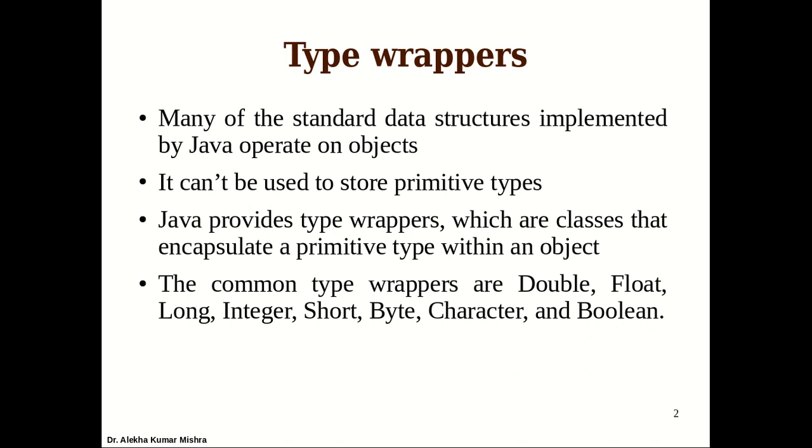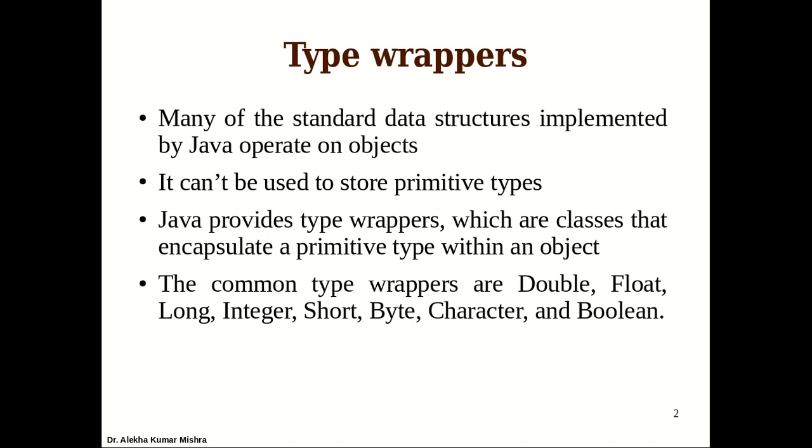So what is the benefit then? When we need to store a primitive type in some data structure which supports only objects, we are not going to use the primitive type. Rather, we are going to use these wrapper objects, which make it easy to store them in the standard data structures, as well as to apply standard operations or methods that have been defined in various libraries.